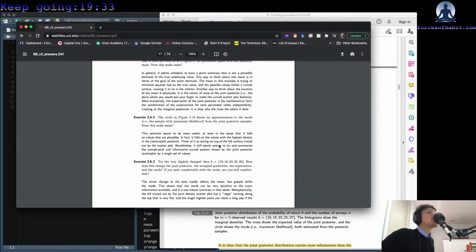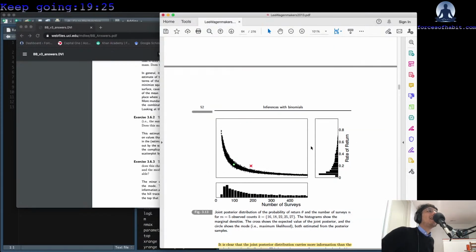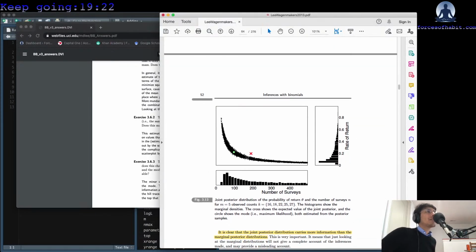Nonetheless, it seems unwise to try to summarize the complicated and informative curved pattern by a single set of values. Yeah, so both these instances are point estimates, so not that good. It's just to demonstrate.